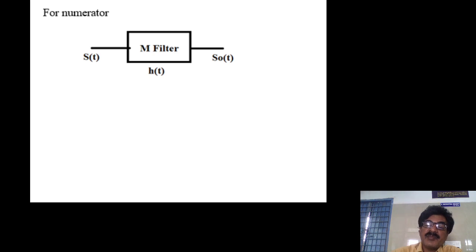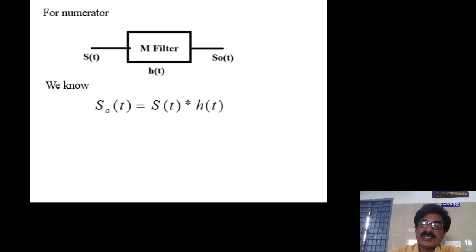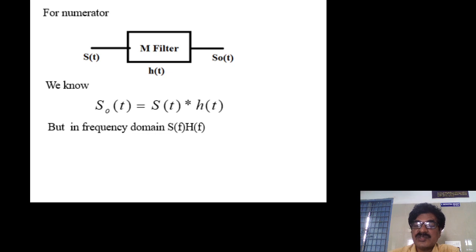Now coming to the numerator part. Consider a matched filter with input s(t) and impulse response h(t). Its output S0(t) is the convolution of the input s(t) and the impulse response h(t), so S0(t) = s(t) * h(t). In the frequency domain it is S(f) times H(f).